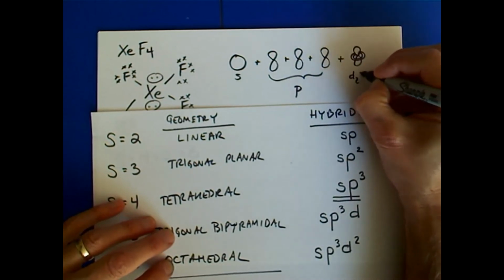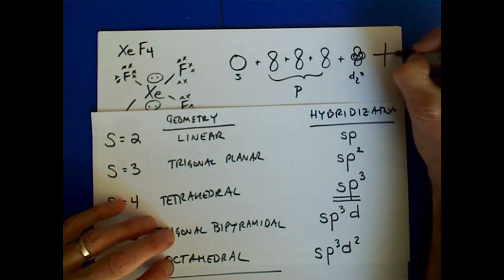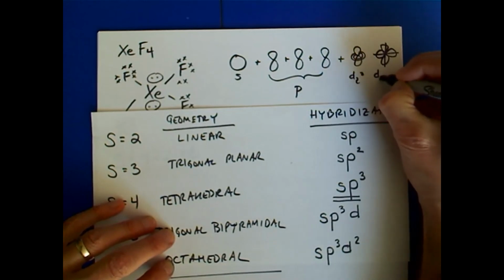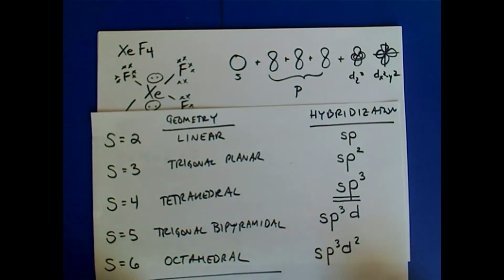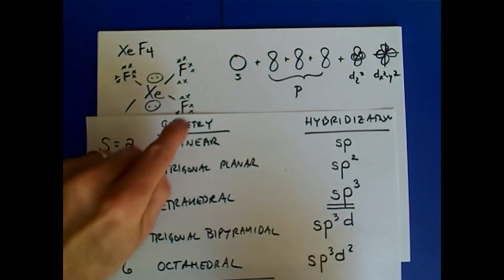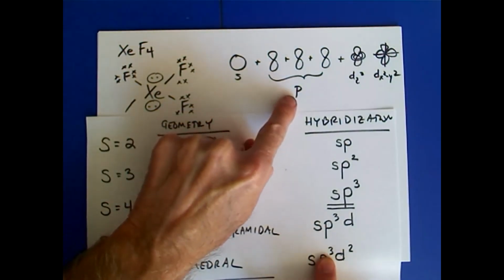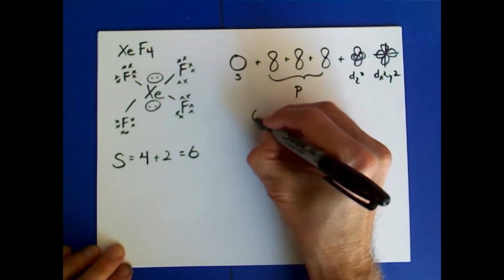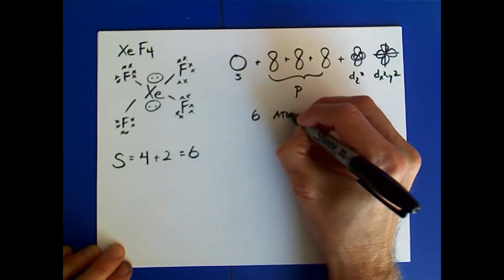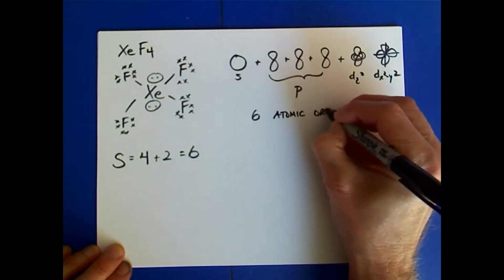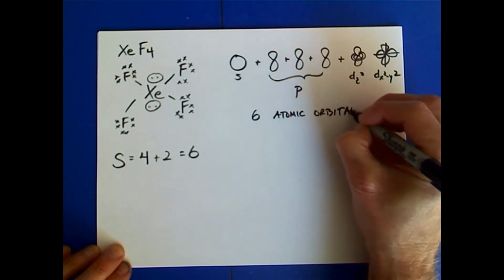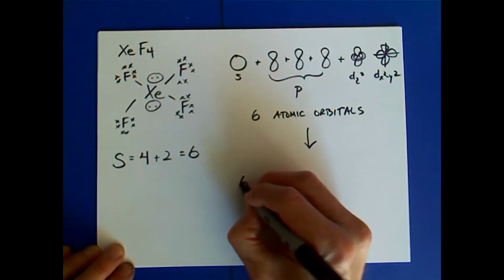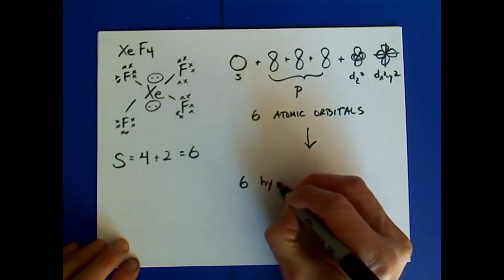It's going to be dz squared and dx squared minus y squared. So we're going to mix all that in, an s, 3 p's, and 2 d's. So we're going to mix 6 atomic orbitals on the xenon. And what we're going to get out is 6 hybrid orbitals.